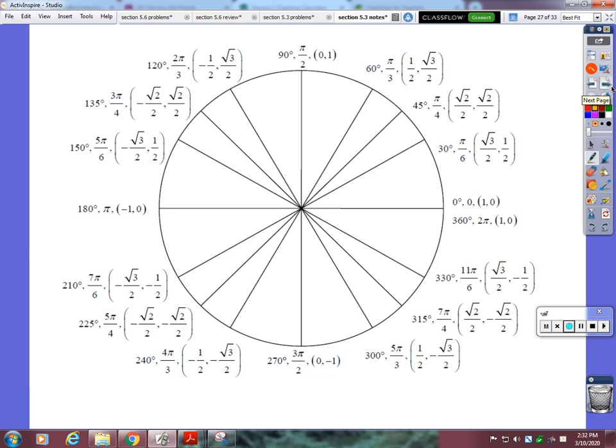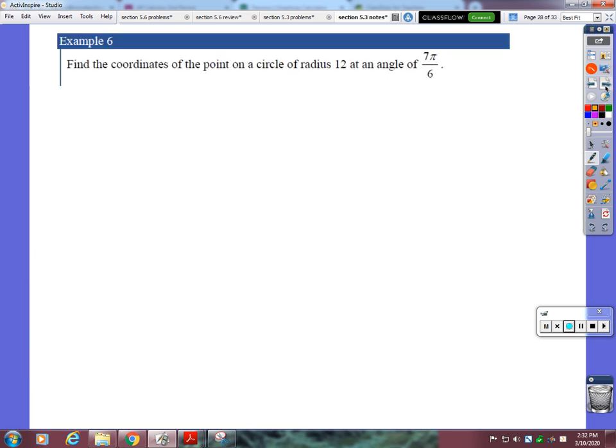For example, if you wanted to know the cosine of 5 pi over 4, you just go over here to 5 pi over 4 on the chart. You look at the x coordinate because cosine is the x, and the answer is negative root 2 over 2. Okay? So I'll put that on the other chart that I gave you.